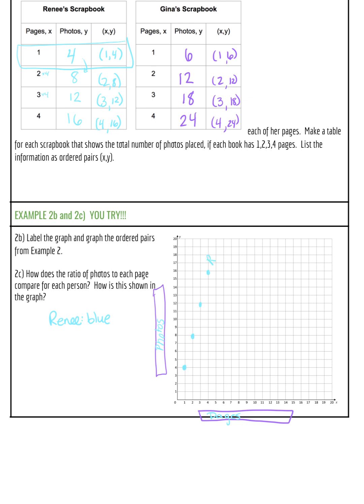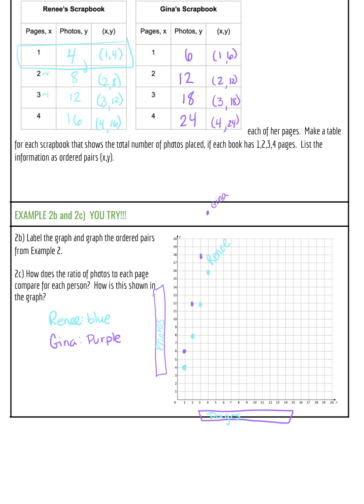And I'm going to go ahead and label Renee here. And then Gina is going to be in purple, so I'm going to label Gina purple. And then I have 1, 6, 2, 12, 3, 18, and then 4, 24. I didn't have enough room, but we can definitely see that Gina is at a faster rate.